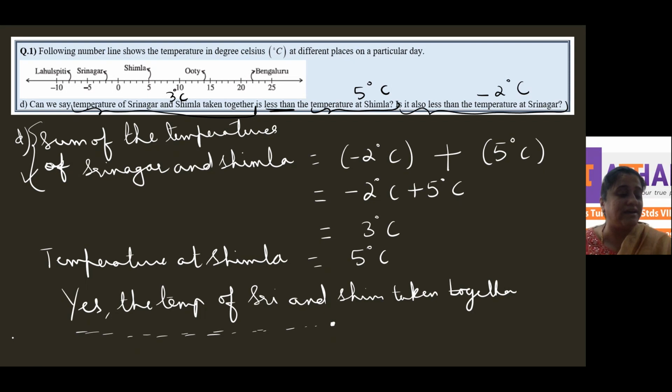Now, Dhanvan, tell me how will you write the second part completely? No, it is not. The temperature of Srinagar and Shimla taken together is not less than the temperature of Srinagar. Very good. I thought we can put it together, but no, they are two different questions.